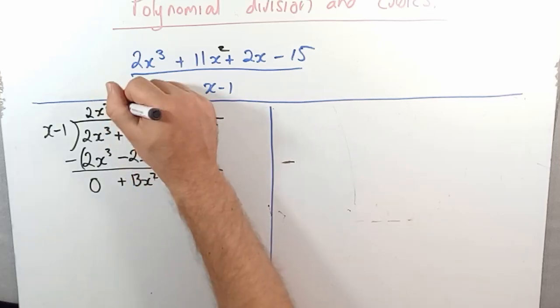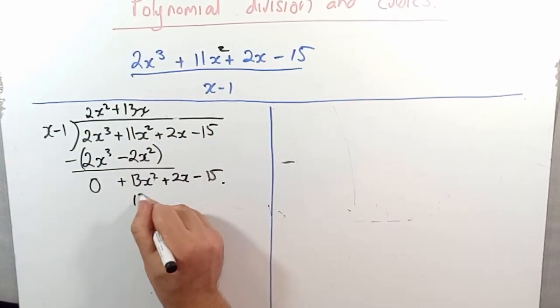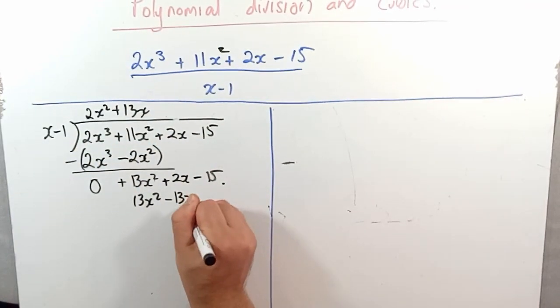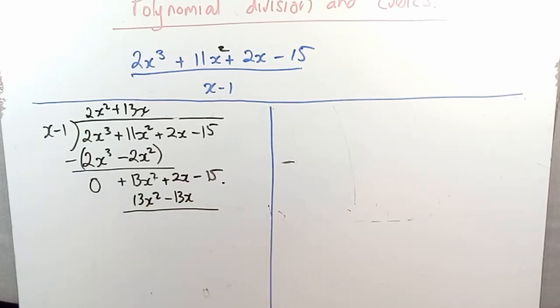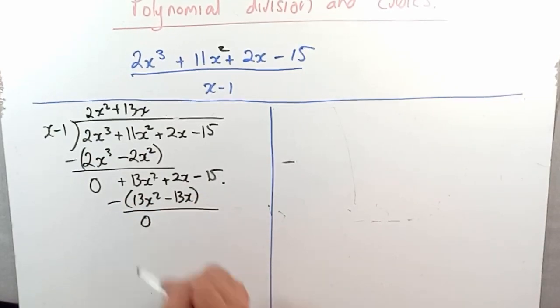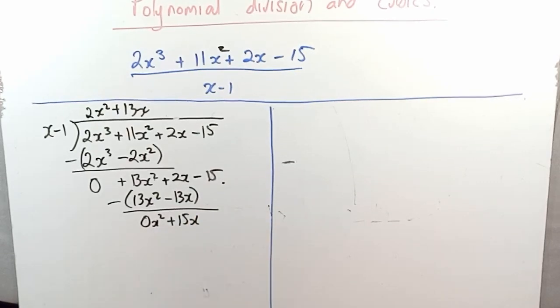X goes into this plus 13x times. 13x times x, 13x squared, 13x times negative 1, negative 13x. Let's see if it works. Take it all away. I get 0x squared, which is perfect. And then minus this, I get plus 15x minus 15.